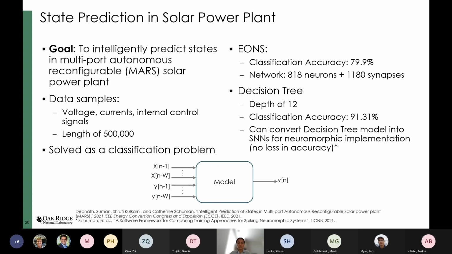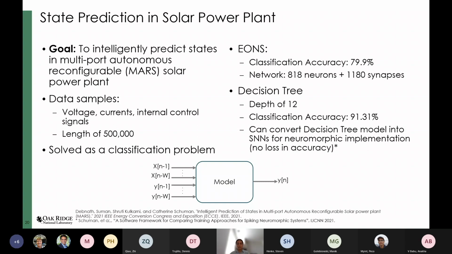So with EONS, as a classification approach, we were training the network to predict the different bins of the output samples. And on this particular data set, we were able to achieve roughly about 79% accuracy.